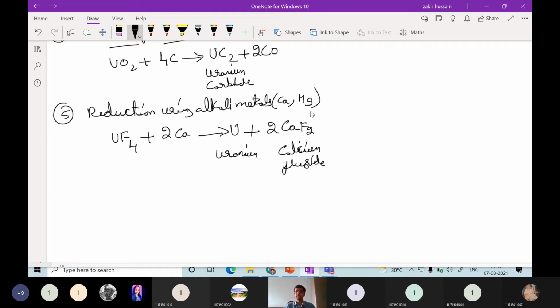Or whenever you choose magnesium as the alkali metal, then UF4 plus 2 magnesium gives rise to the same uranium metal, then 2MgF2, which is magnesium fluoride.